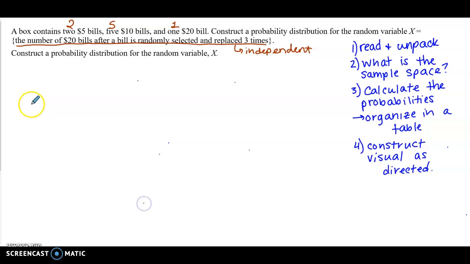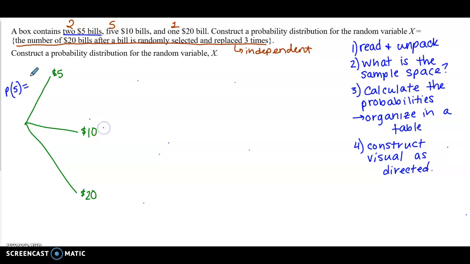So this is a 3 possibility situation. You can either grab a $5 bill randomly, a $10 bill randomly, or a $20 bill randomly. If we think about these probabilities, the probability of pulling a $5 bill is 2 out of 8, so a quarter chance.